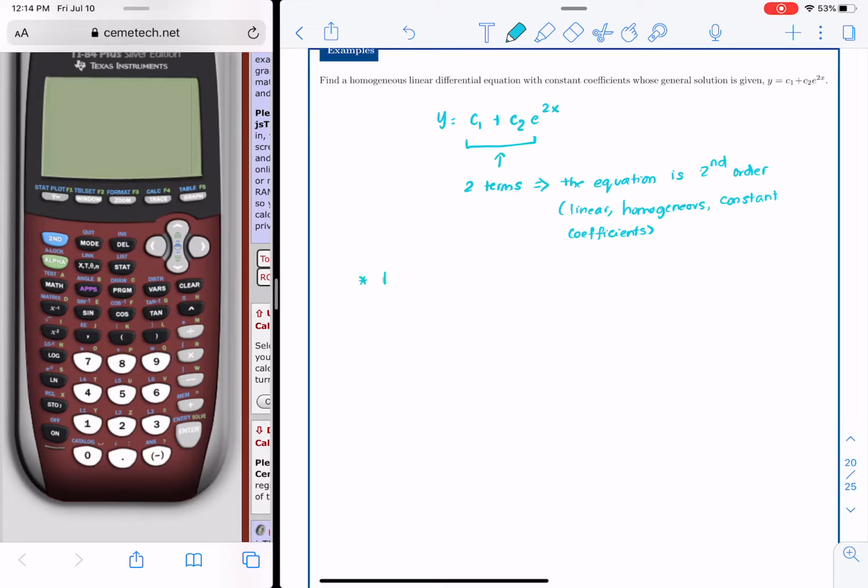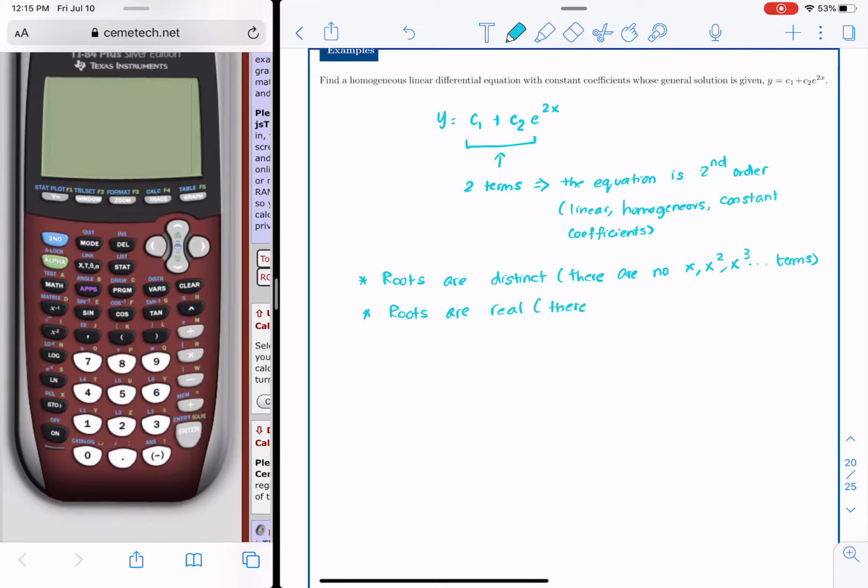So the roots have to be distinct. Why? Because there are no x squared, x cubed terms. The roots are real, in other words, not complex.